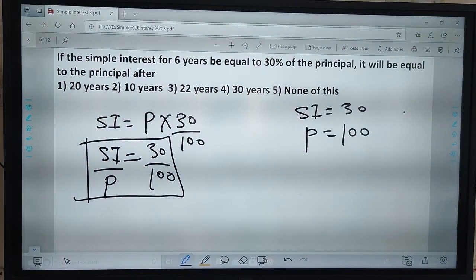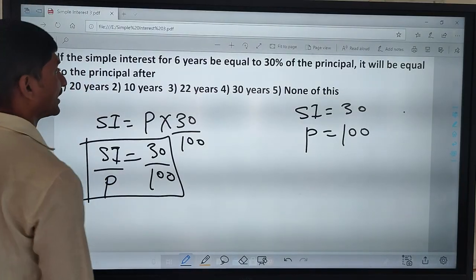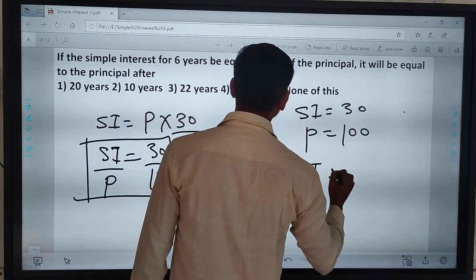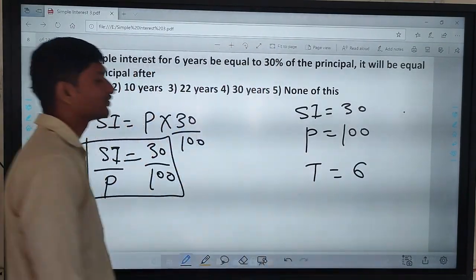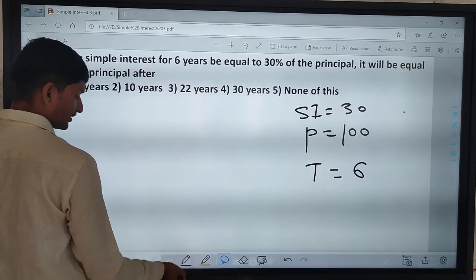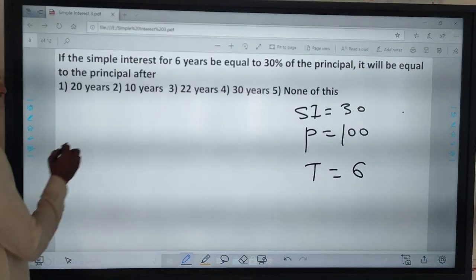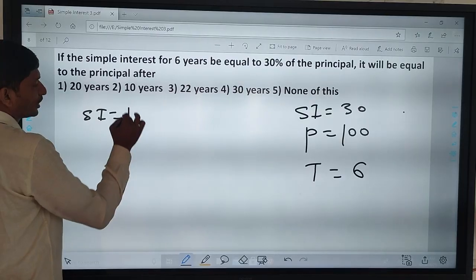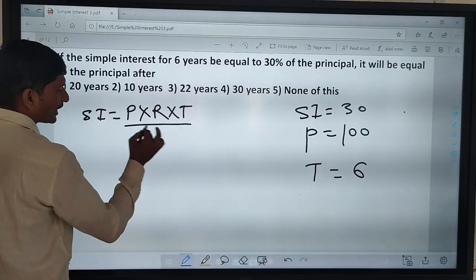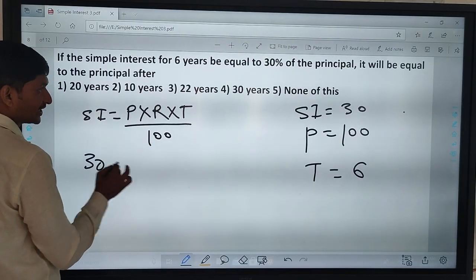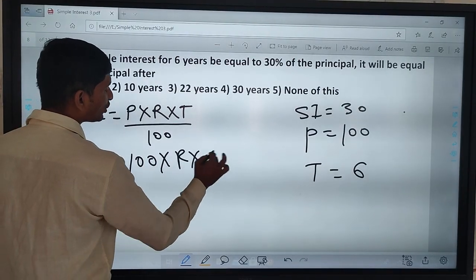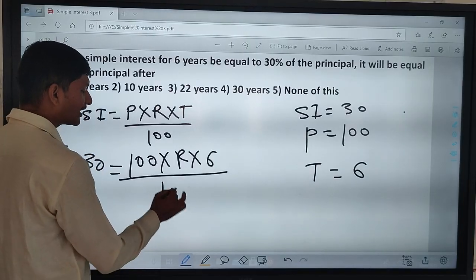Now we find the rate of interest. The time duration T is equal to 6 years. SI is equal to P into R into T divided by 100. The simple interest is 30, the principal is 100, and the time is 6 years, divided by 100.